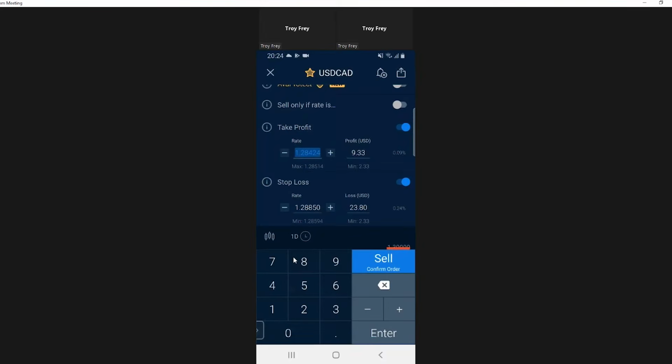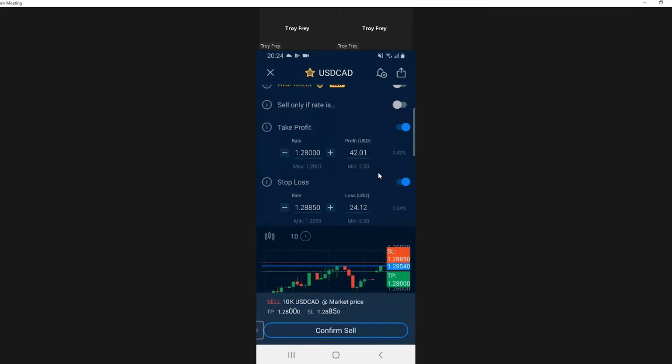I can say if I go back to 128 even, well before that support level down below that we saw, that blue line, if you remember in the signal, was a support level. So I can take profit on a sell at 128 well before the major support, and my potential profit is almost double what my risk is. And I'm taking profit early on that. I'm not even letting it go all the way to the resistance or to the support, and I still get a nice ratio potential profit to risk.